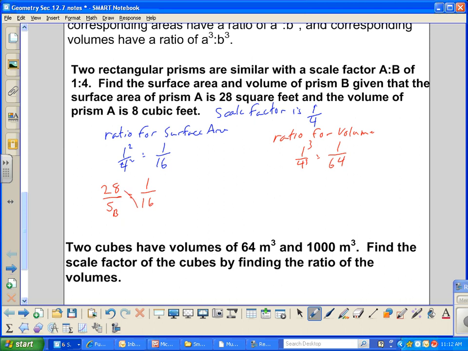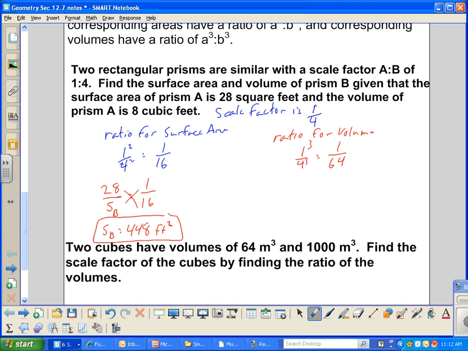So we cross multiply and we end up with the surface area of B is equal to whatever 28 times 16 is. 448 feet squared.